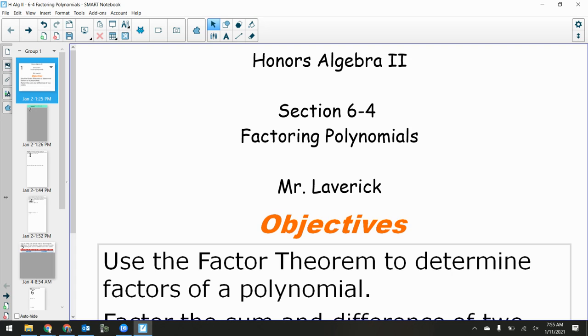So, this whole chapter is about polynomials, right? And we had quadratics, which were technically polynomials. But now what we're going to do is expand that. We're going to say, okay, moving onward from quadratics, how can we work with other polynomials that are similar to quadratics?